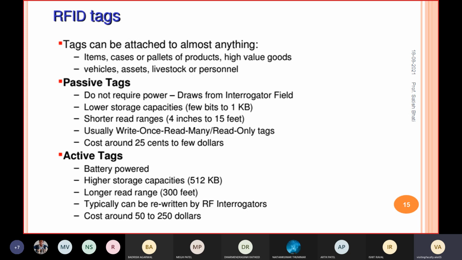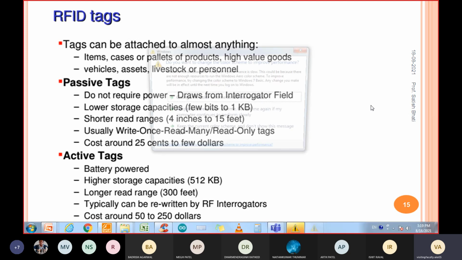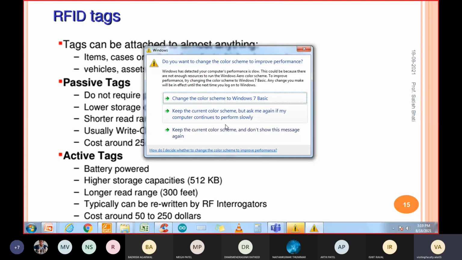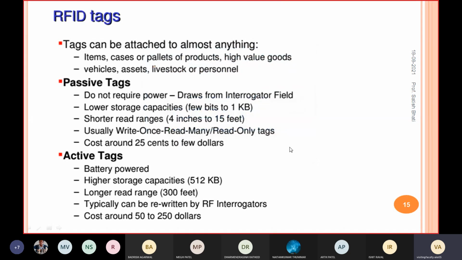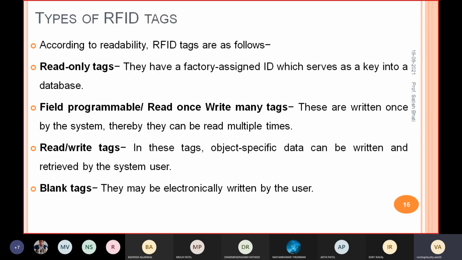But in an active tag, you can change that information or data. And because of all these features, definitely the cost of the active tags is more, around 50 to $250, right? It depends on your application, and on the functionality or features you are using. So this is about the types of RFID tag, right?